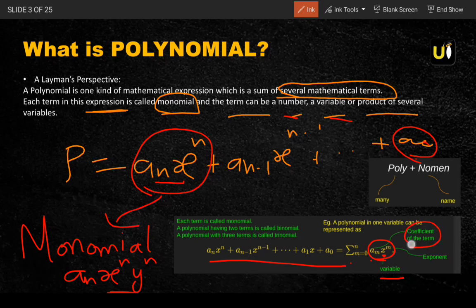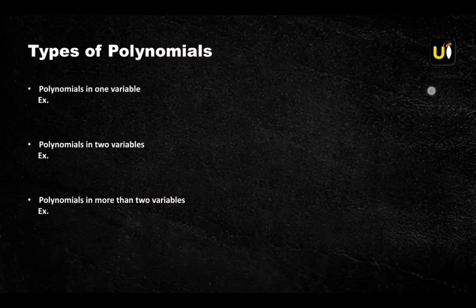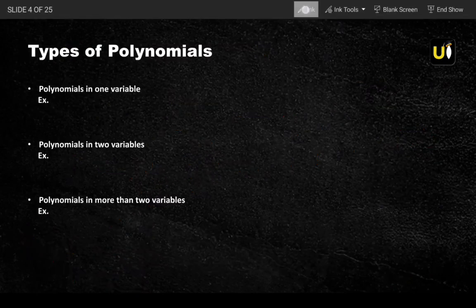Next, we have some different types of polynomials: polynomials in one variable, polynomials in two variables, and polynomials in more than two variables. So, as we have discussed before, a_n x^n, this x is a variable. Okay.